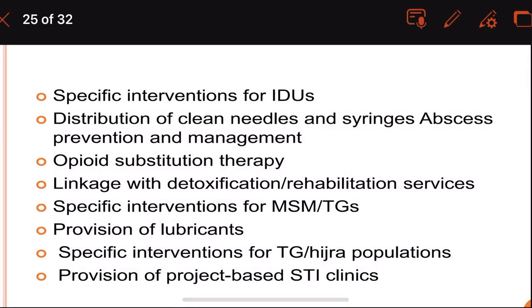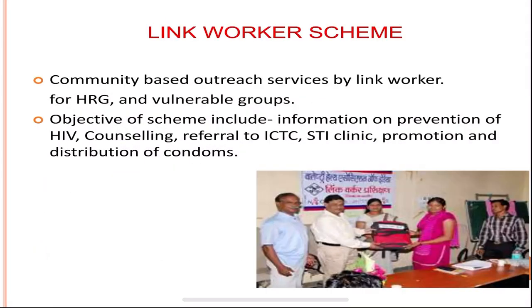Moving further, we have the link worker scheme. The Link Worker Scheme is a community-based outreach service by link workers for the high-risk group and vulnerable group. The objective of this scheme is to provide information on the prevention of HIV, counseling, referral to ICTC and sexually transmitted infection clinic, and promotion and distribution of condoms.